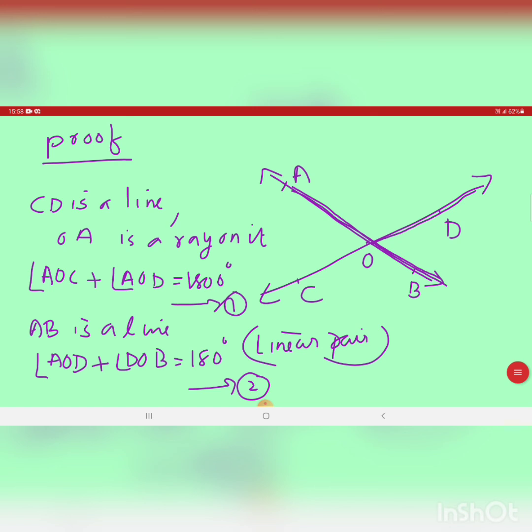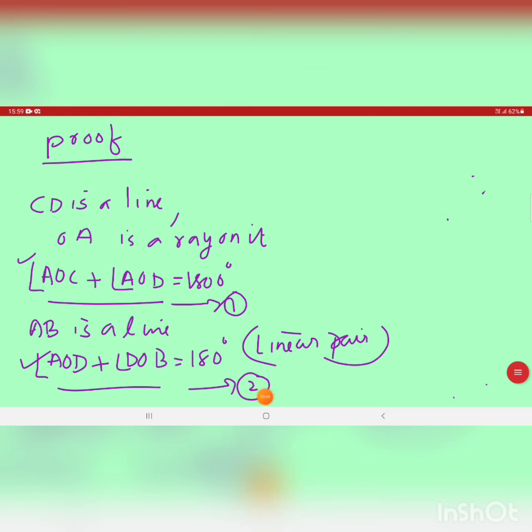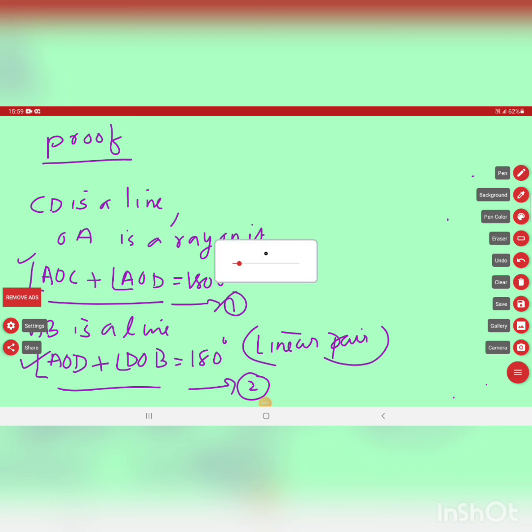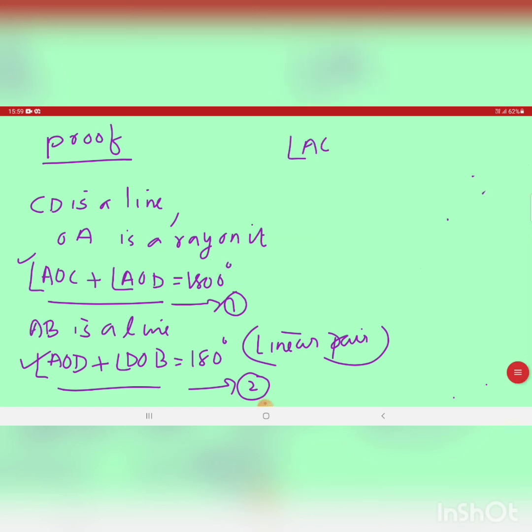See the two equations. Their right sides are equal. So we can take the left sides also equal. That means angle AOC plus angle AOD equals angle AOD plus angle DOB.